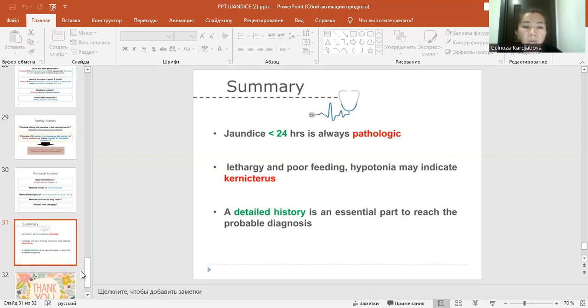For today, we only discussed the differences between hemolytic and physiologic, and conjugated and unconjugated hyperbilirubinemia. In the next classes, we will study each type of jaundice in detail.